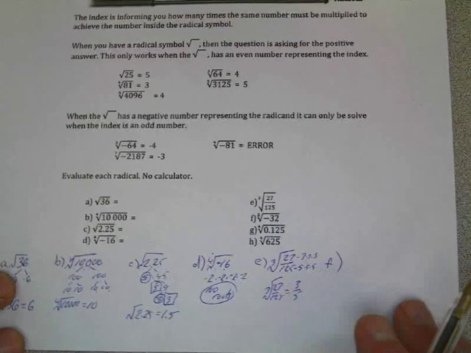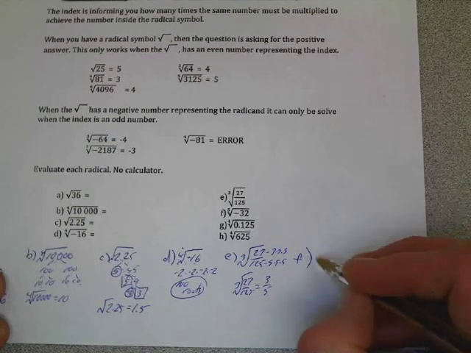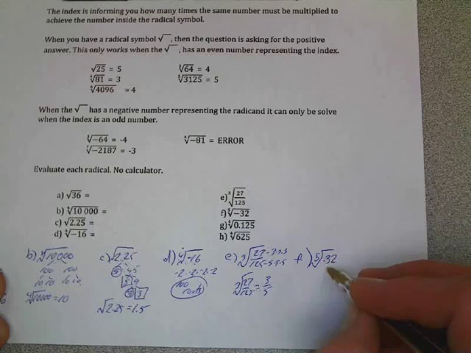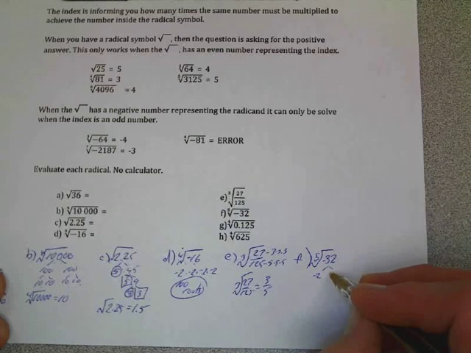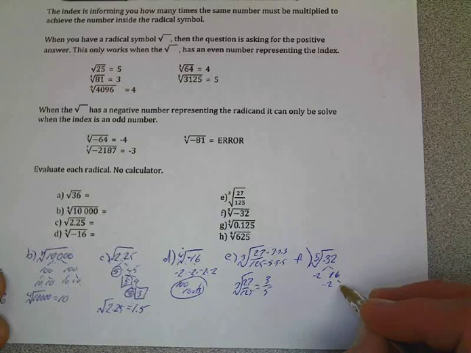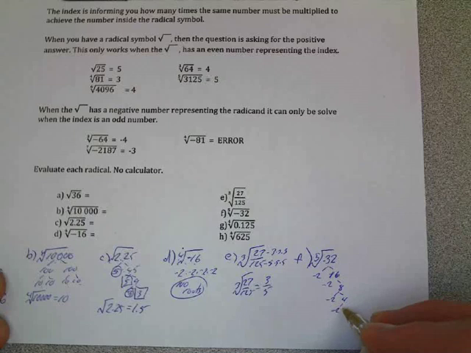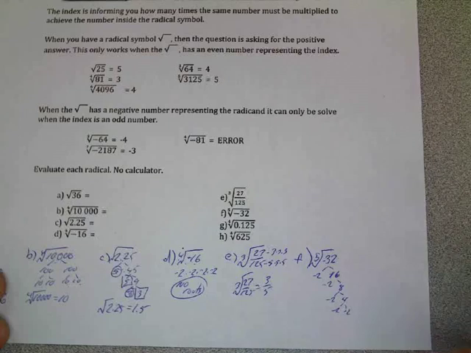F, the fifth root of negative 32. So negative 2 goes in there 16 times, negative 2 goes in there 8 times, negative 2 goes in there 4 times, and negative 2 goes into there 2 times. So they're all negative. 1, 2, 3, 4, 5.